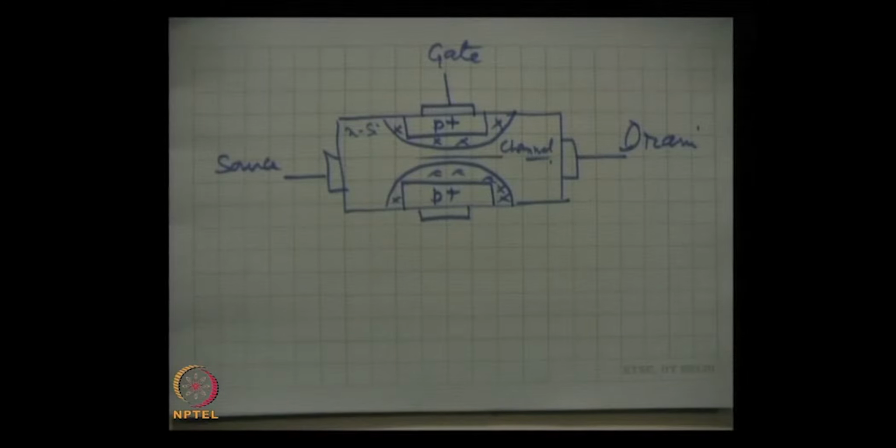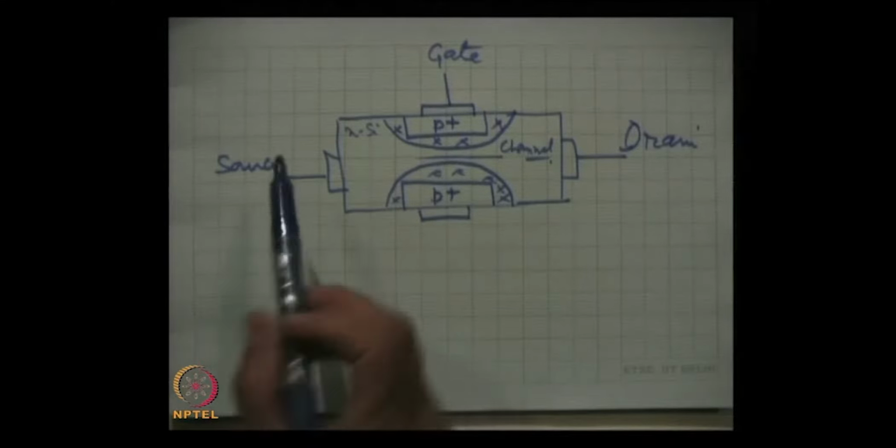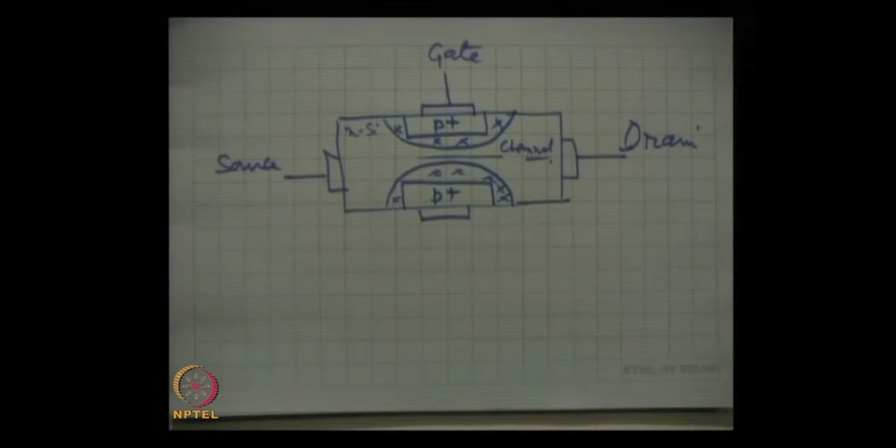Now, to understand its operation, I will first consider the case that gate is kept at a ground potential. It is at 0 potential, it is grounded. In fact, source is also grounded, and between source and drain we apply a voltage keeping drain side as positive. Let us see what will happen.